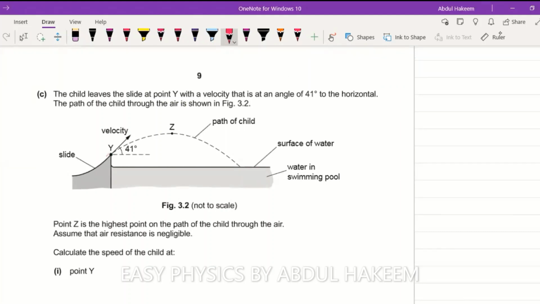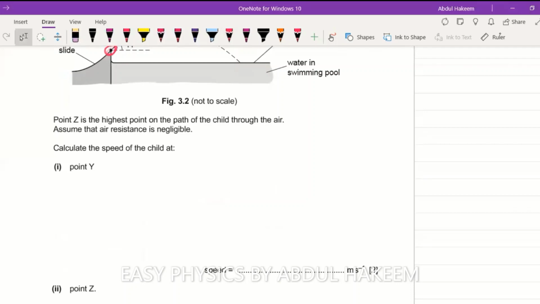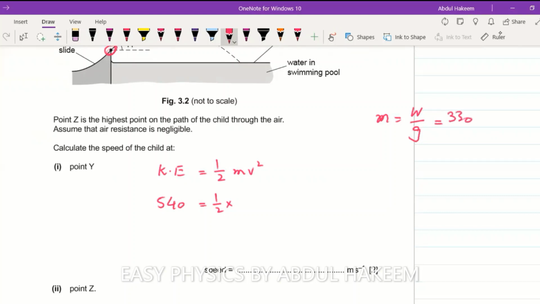Look, at Y, it has kinetic energy, and the kinetic energy at Y is given. So we can write kinetic energy is equal to 1 by 2 mv square. The kinetic energy is 540. The mass is weight divided by g. The weight of the child is 330 and the g value is 9.81.